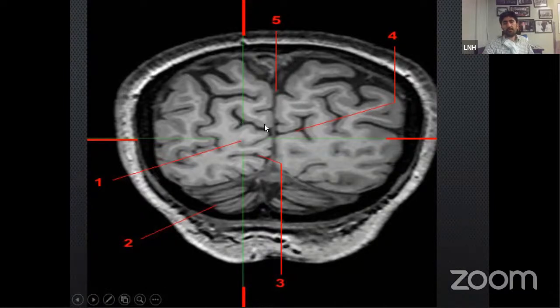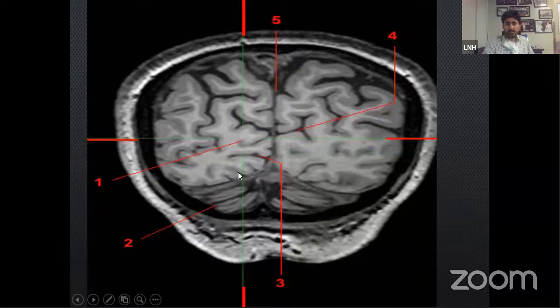This is the parieto-occipital fissure or sulcus, and this is the calcarine fissure, and this is the intra-parietal sulcus that goes down into the occipital lobe as the intra-occipital sulcus. So the portion that is situated in between these two sulci forms the cuneus, and the gyrus that is just situated below the calcarine fissure forms the lingual gyrus.